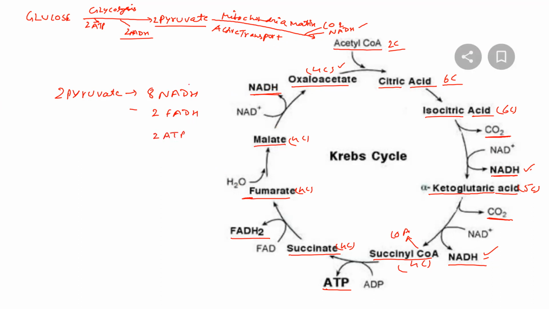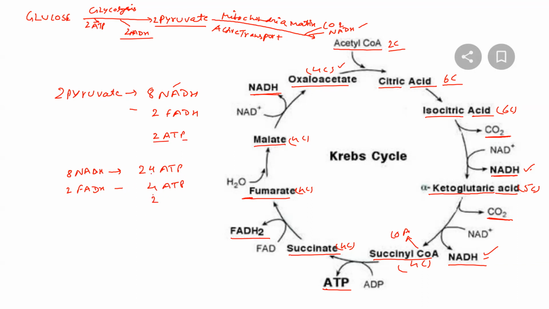Okay, 1 NADH produces 3 ATP. So how many ATP are produced? 24 ATP. Okay, 8 NADH will produce 24 ATP in the electron transport chain, and 2 FADH2 will produce 4 ATP. And here already 2 ATP are produced by 2 pyruvates.